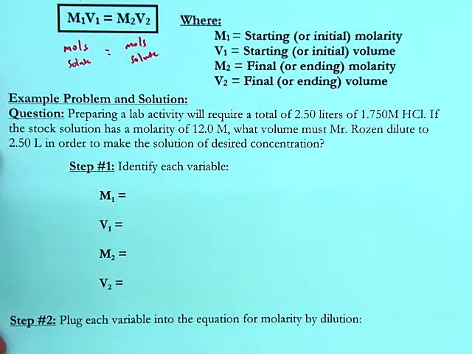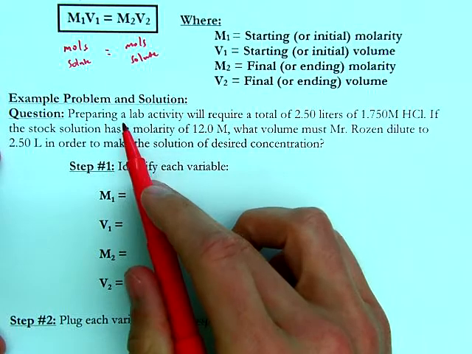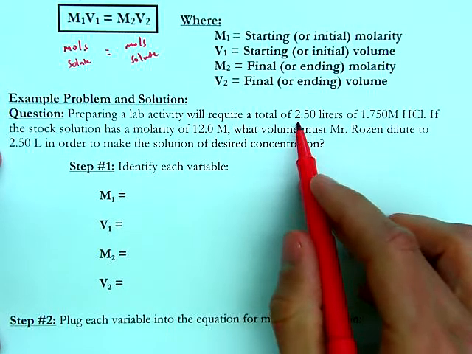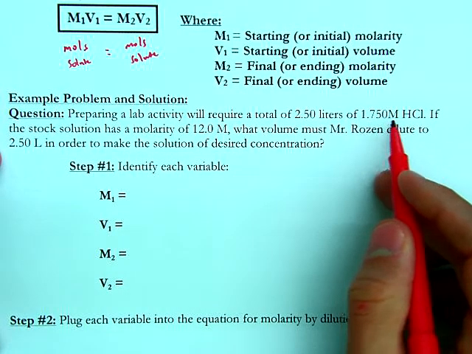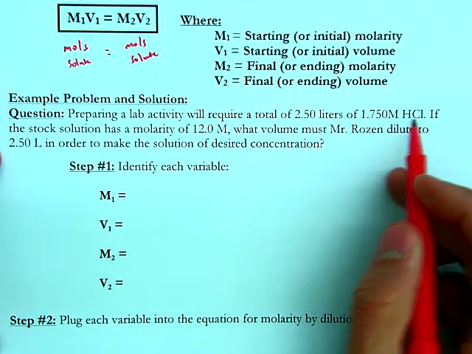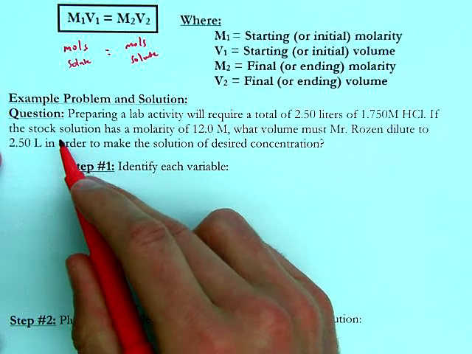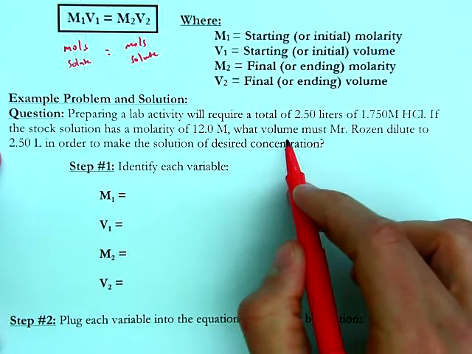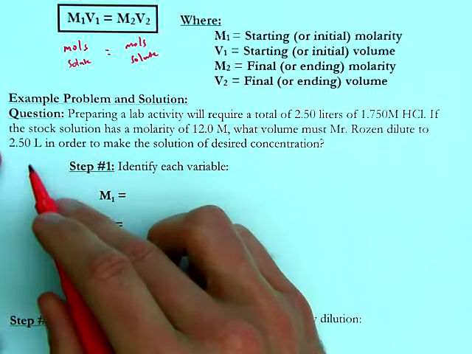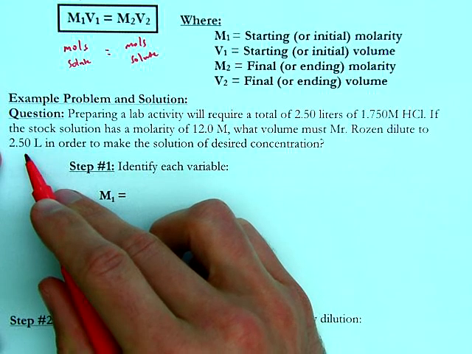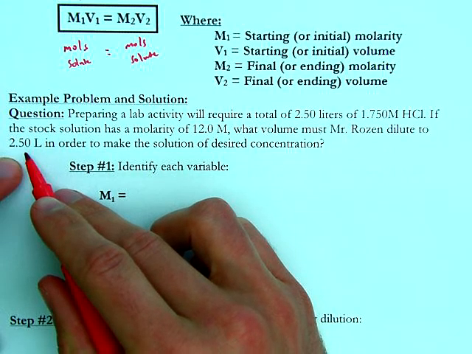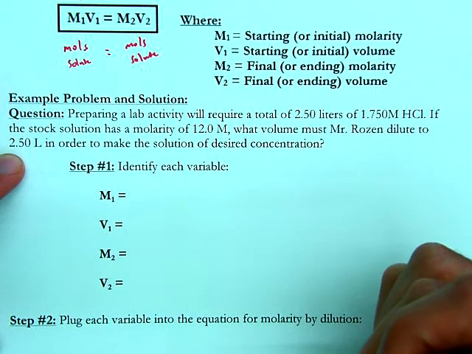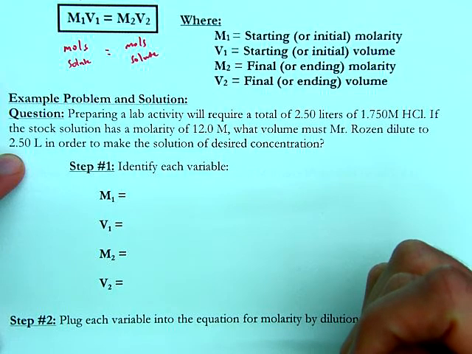So an example problem says that I have to prepare a lab activity and it requires 2.5 liters of 1.75 molarity HCl. The stock solution, which is the more concentrated solution that I make it from, is 12 molarity. So the question is asking, what volume must Mr. Rosen dilute in order to make 2.5 liters of the solution that I want, right?